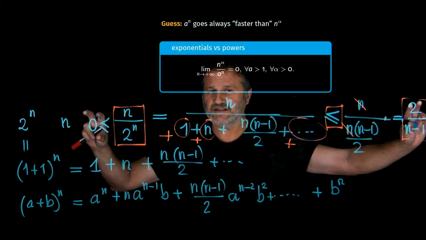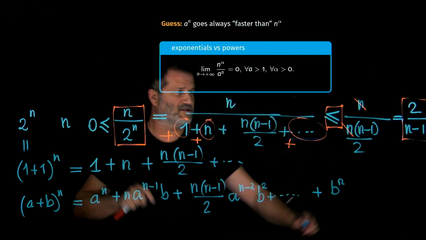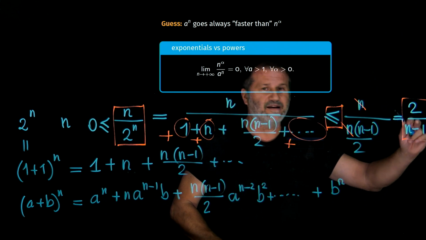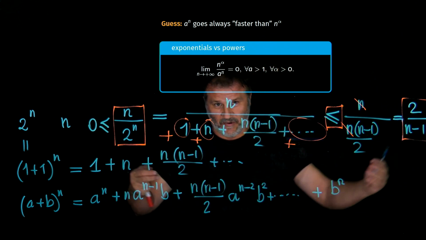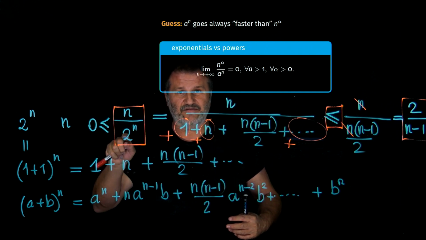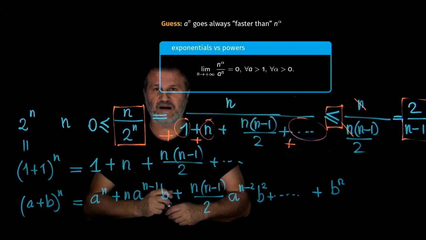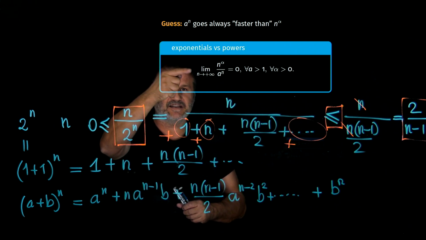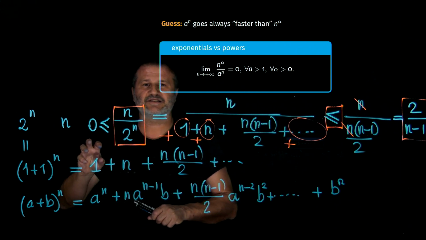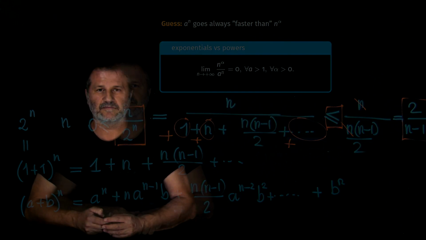These are the two policemen that go to 0, because 0 is constant equal to 0, it goes to 0, and 2 over n minus 1 is going to 0. So the two policemen go to 0, therefore n divided by 2 to the n, who is in the middle, will go to 0 as well. And this explains why this is true, at least when a is 2 and alpha is 1.